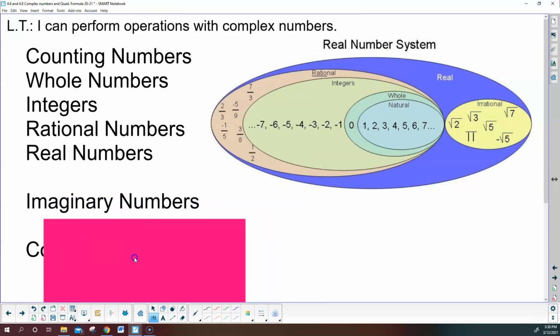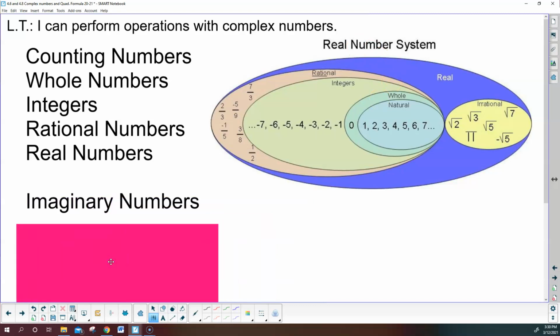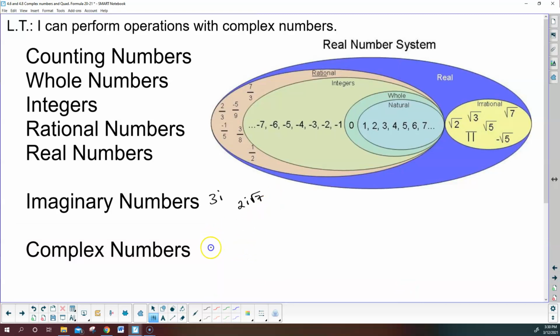But what it doesn't talk about is imaginary numbers. Right? Imaginary numbers are numbers that include something like 3i or 2i square root of 7. Right? And then we get to complex numbers, and complex numbers are in the form of a plus bi or a minus bi.